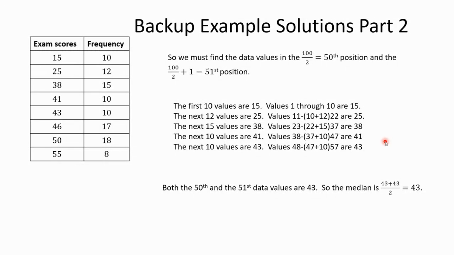I know it was a little annoying because we had to do all this, but again, it is easier than listing the data values. Theoretically, you could do that. If I were to do that, I would probably use Google Sheets or something, but I'm just showing you that you don't have to. So that's the median.